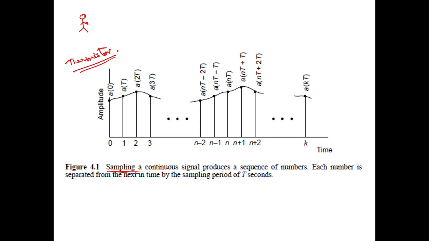Okay, and it helps us in the measurement of temperatures. So the thermistor in itself is an analog temperature sensor. Okay, you will find two types of sensors, analog and digital. Both types of sensors are there, but the thermistor in itself is an analog sensor.